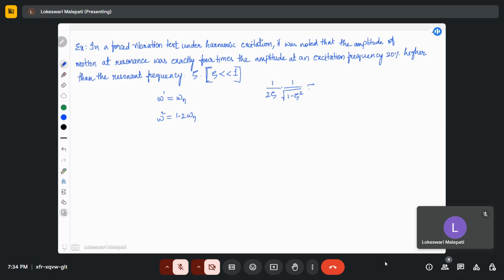So again this can be approximated as 1 by 2 zeta times u st naught. And the general equation is 1 over the square root of 1 minus omega by omega n whole square, plus 2 zeta omega by omega n, the whole square. Now with this approximation, please try to solve the problem.